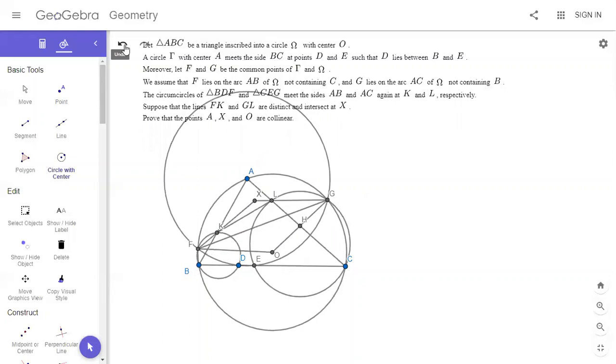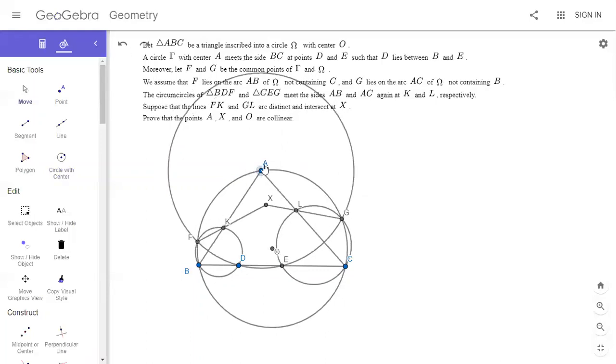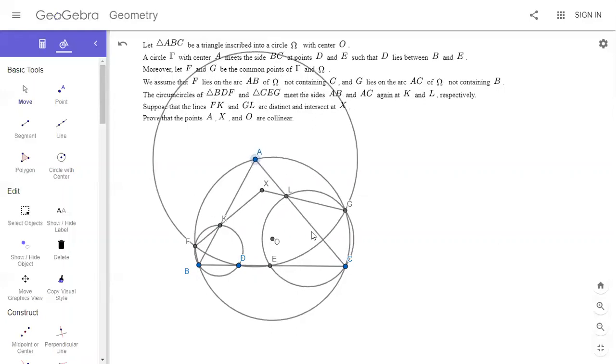I kind of don't think so. Yeah, I wonder if this just comes down to an angle chase.